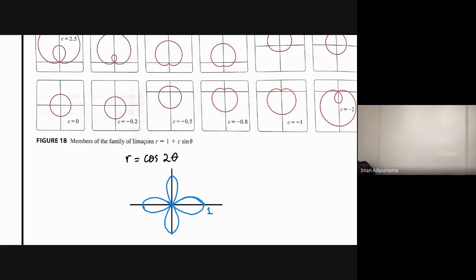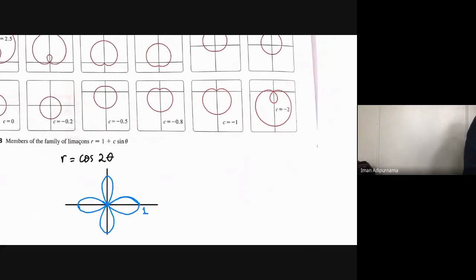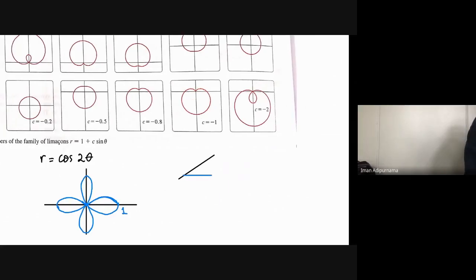Okay. Before I explain how and why, I forgot to mention the negative. Okay. So we have done defining the r, right? This is r theta. In all theta, r will stay as it is, right?